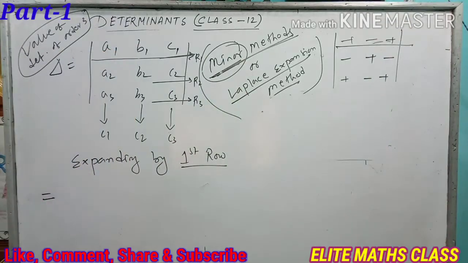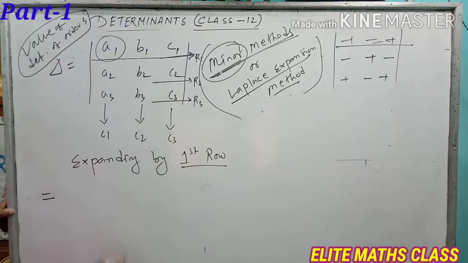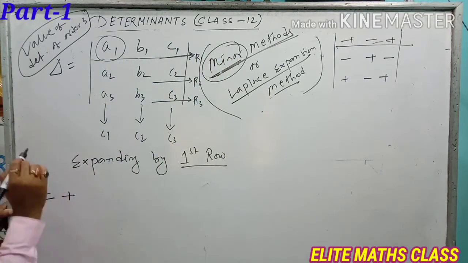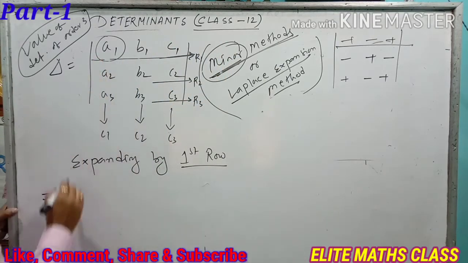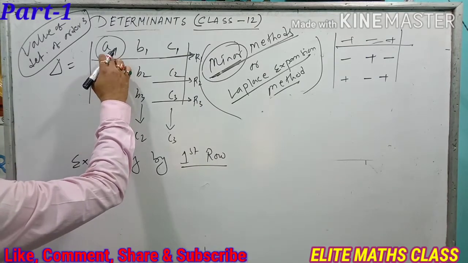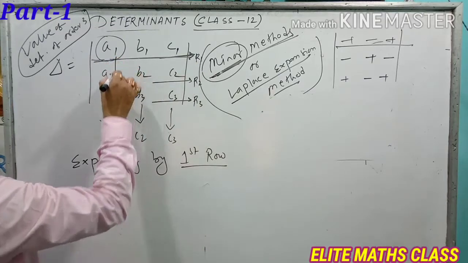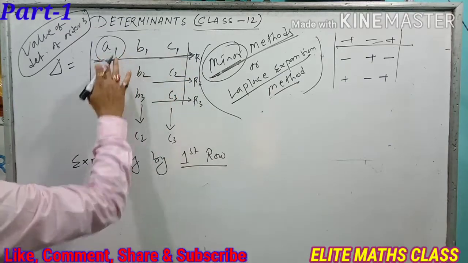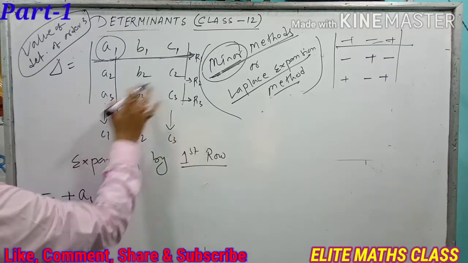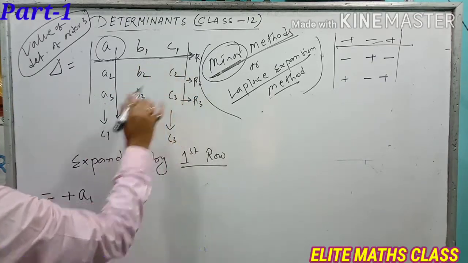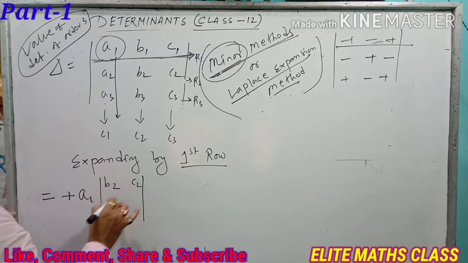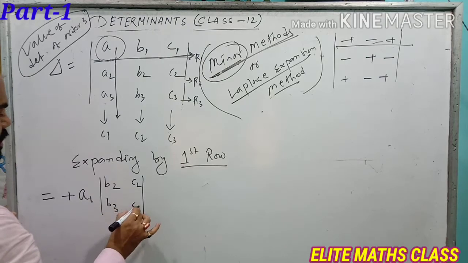The sign of position 1 1 is plus, so you write plus first, then this element A1. It lies at the intersecting point of the first row and first column. Then the remaining elements are these 4, which form a 2 by 2 determinant. You write B2, C2, B3, C3.